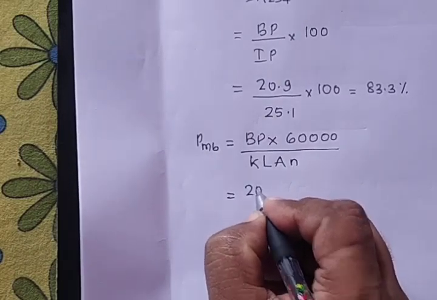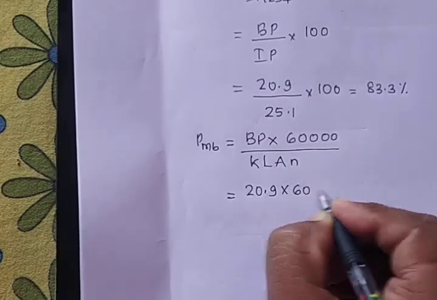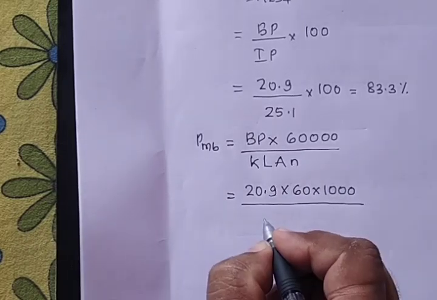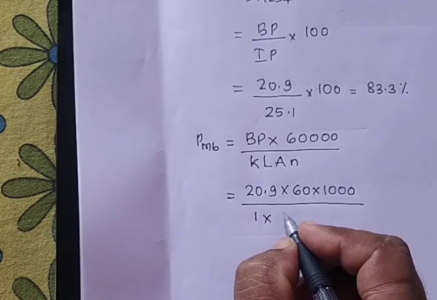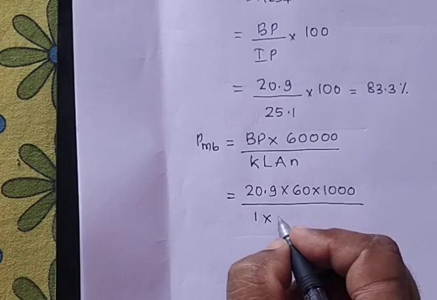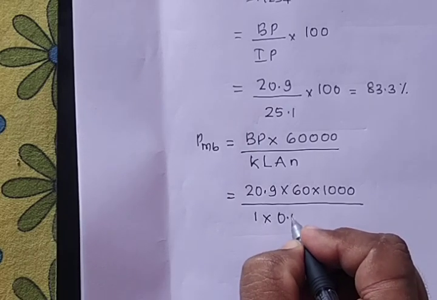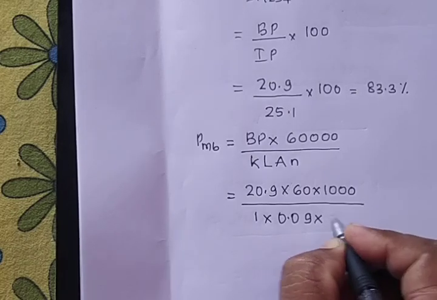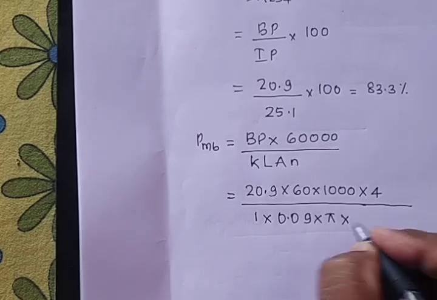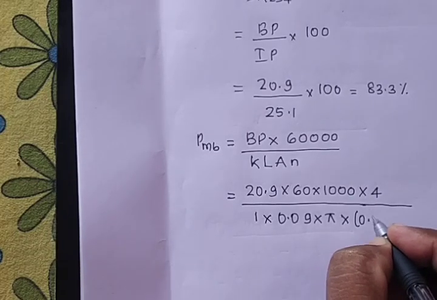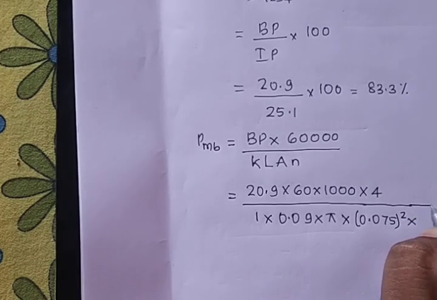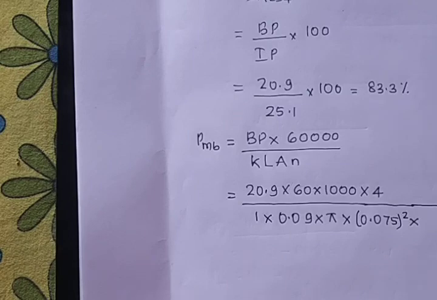BP is given as 20.9 into 1000 into 60, that is 60,000 what I have written, divided by K, the number of cylinders, into L, given in the problem as 90 mm, so it is 0.09, into pi by 4 times the diameter, given as 75, that is 0.075 whole square, into the speed given to us, 3000.